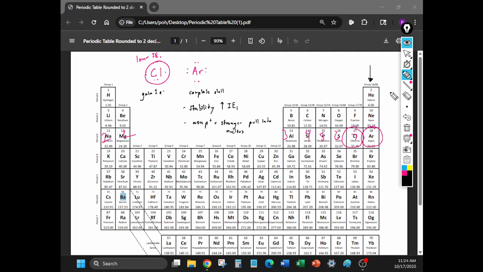So the answer for the first one is going to be chlorine. That is the first one. I think that's probably one of the harder ones. It is easier to take an electron from chlorine than it is from argon.